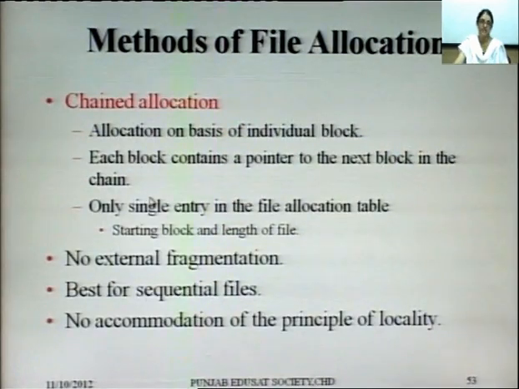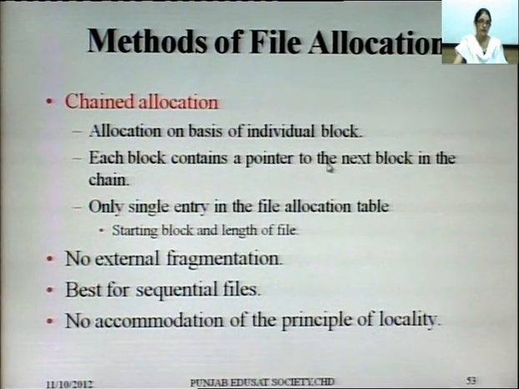Then there comes the chained allocation, in which allocation is done on the basis of individual blocks. Each block contains a pointer to the next block in the chain. There is a chain of individual blocks having one pointer from one block to another block.